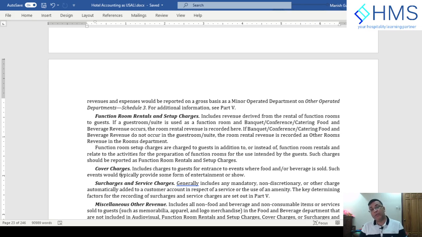If the guest has spent more than that, then everything will go to the F&B revenue. But if the guest has spent less than the minimum specified amount, the hotel may charge an additional amount to cover the minimum spend.